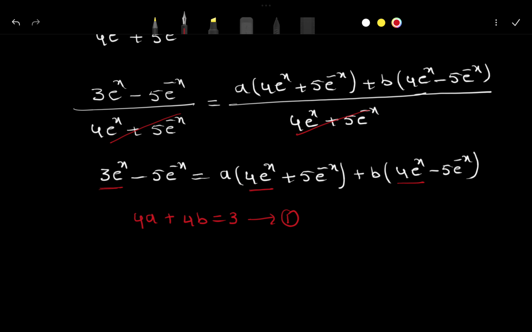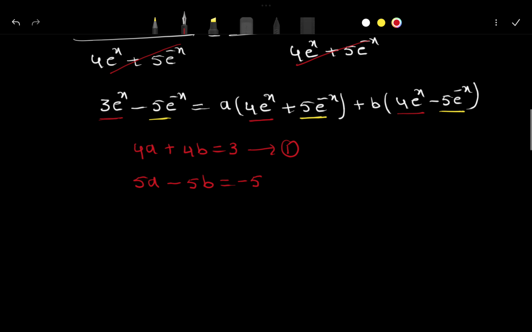Next, comparing the e^(−x) coefficient: here 5a and here −5b, and here −5. So 5a − 5b = −5. Dividing by 5 on both sides, a − b = −1. This is equation 2.